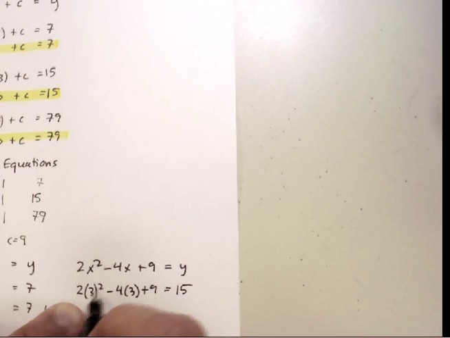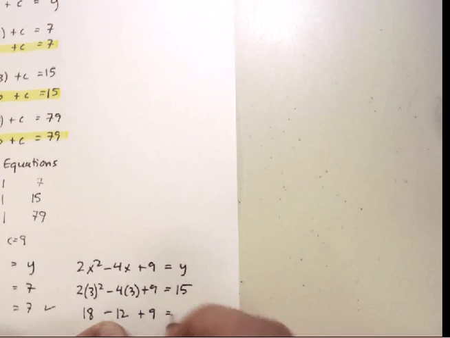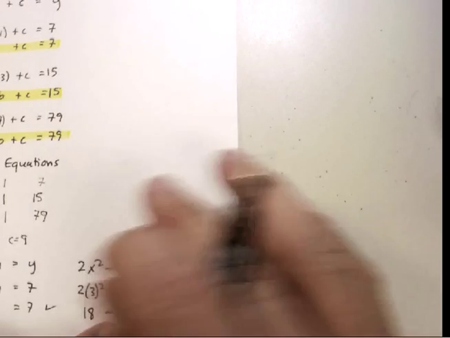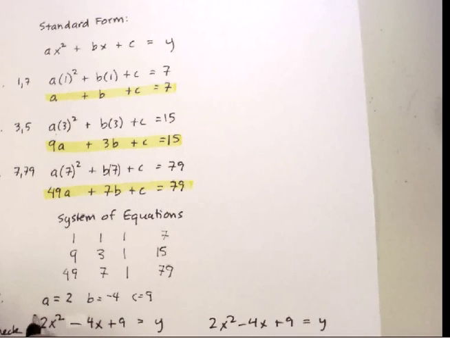So that's going to give me 9. 2 times 9 is 18. 4 times 3 is 12. 18 minus 12 is 6. 6 plus 9 is equal to 15. So it works on that one as well. And I'll leave it to you to put in 7 and 79. But there's your equation that fits through those 3 data points.